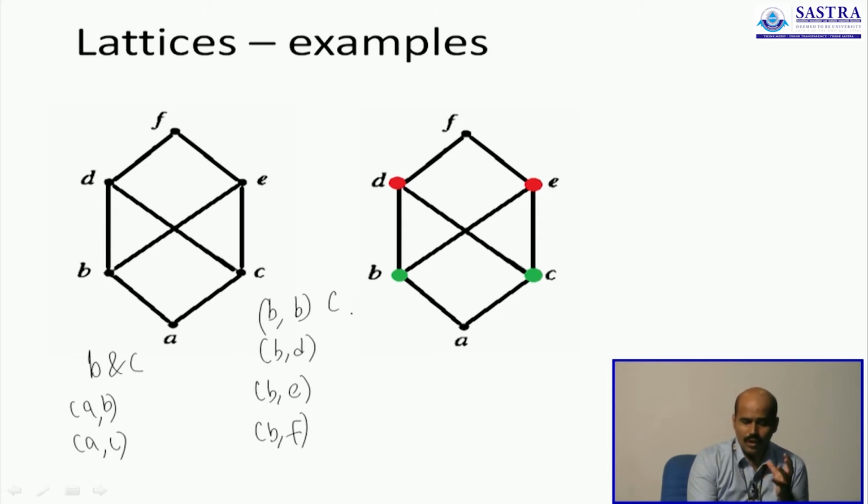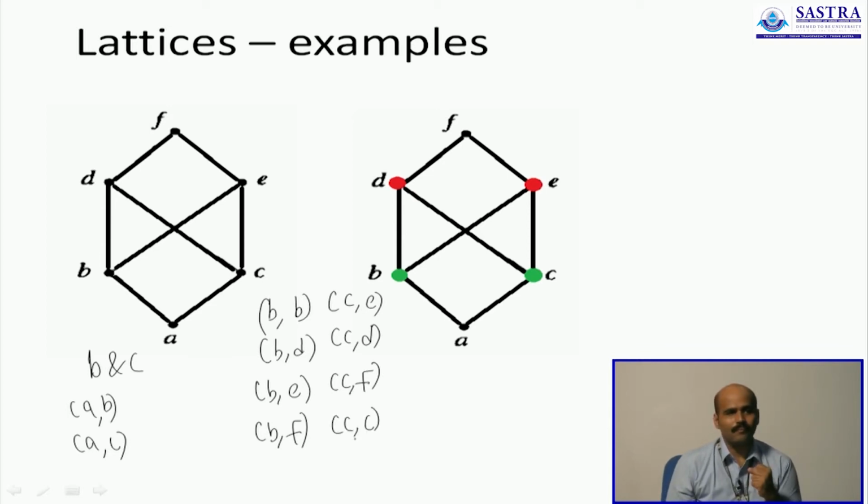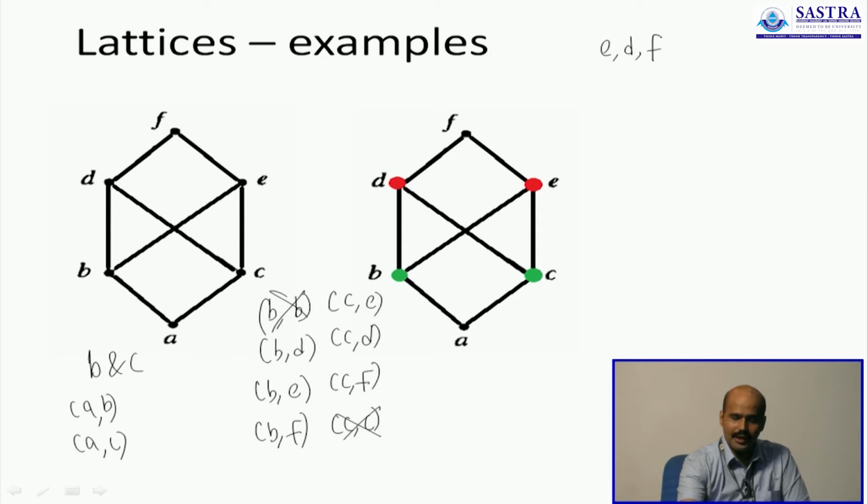When we talk about upper bounds for C, you will have CE again, a direct edge, CD a direct edge, CF a transitive path, and CC the reflexive ordered pair. So there are in fact common upper bounds available. Of course, this won't matter. So the common upper bounds available are E, D and F.